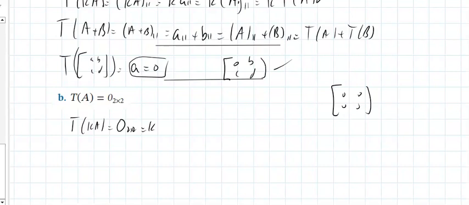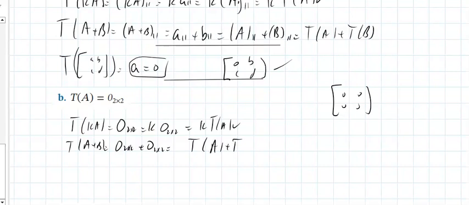You could say that's k times the 0 matrix, and that's k times T of A. So the constant multiplier holds, and if you take T applied on A plus B, that is 0 over 2 by 2 plus 0 over 2 by 2. That is T of A plus T of B. So there it is.